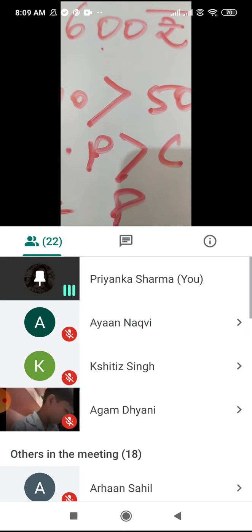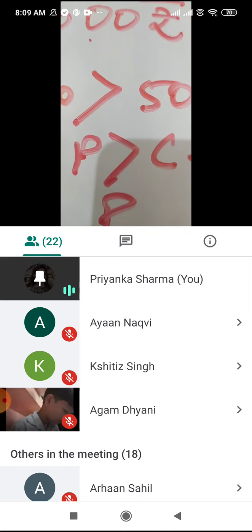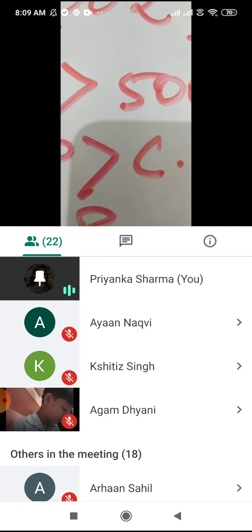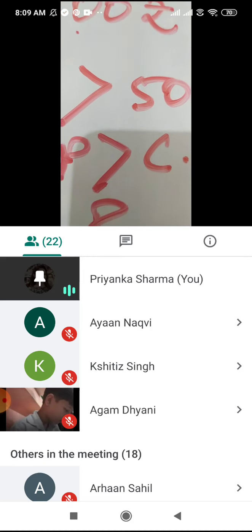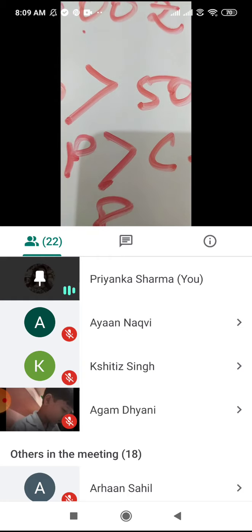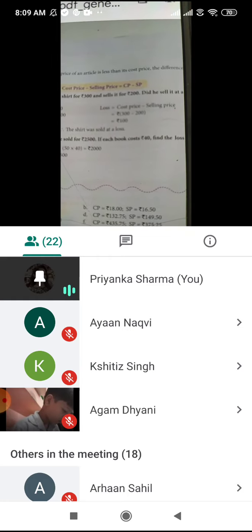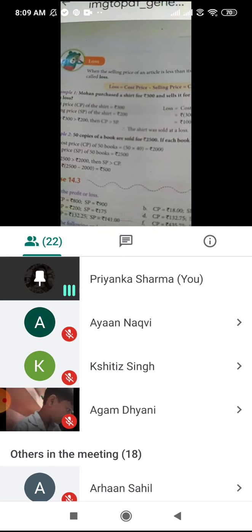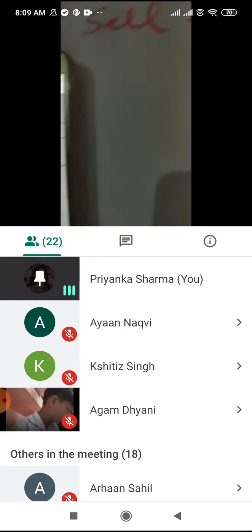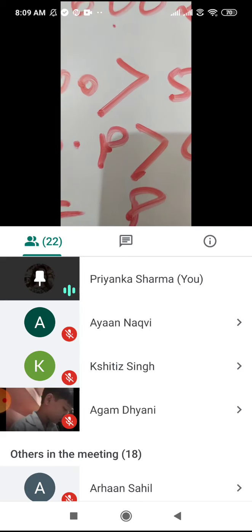Since 300 is more than 200, cost price is more than the selling price. Then we will write the loss formula. Loss is equal to cost price minus selling price. Cost price was 300, selling price was 200. So 300 minus 200 is rupees 100. Therefore, answer: the shirt was sold at a loss. How much was the loss? 100 rupees was the loss.